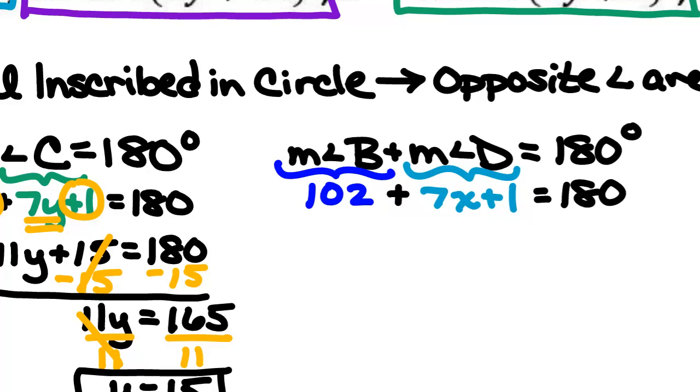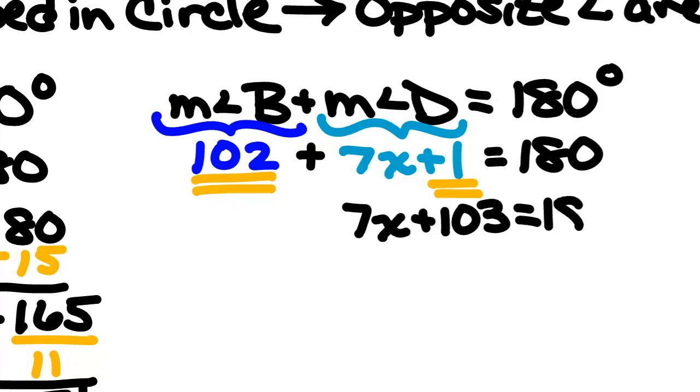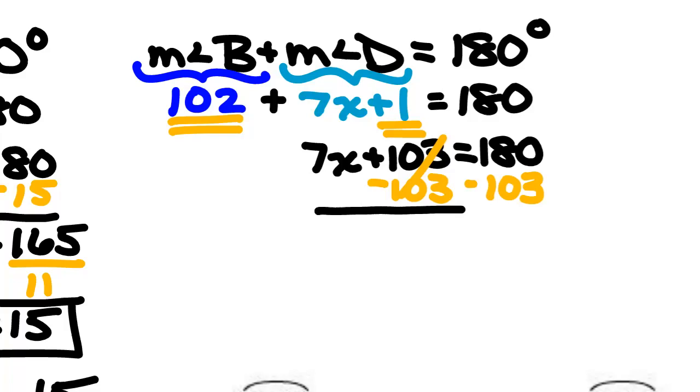I only have two like terms over on the left. I have the 102 and the 1. What's that going to combine to give me? 103. 7x plus 103 equals 180. Then I'm going to subtract 103 from both sides. How much? 77. 7x equals 77.